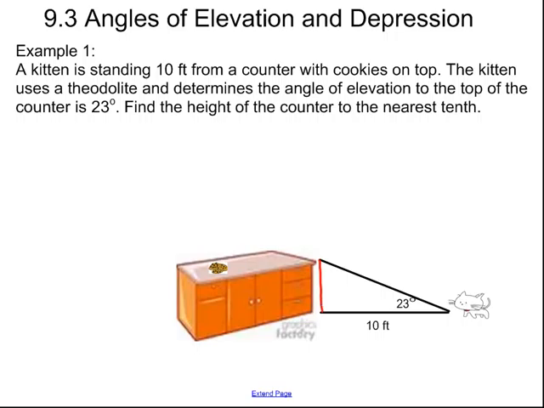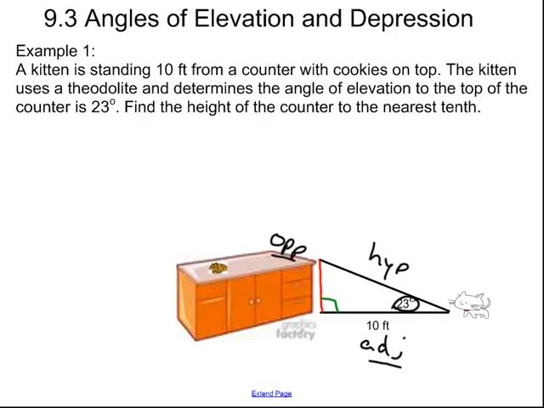How are we going to work this problem out? Well, look what we've got. We've got a right triangle, and I'm trying to find this red line. The red line compared to this 23-degree angle is the opposite. The 10 feet is the adjacent. And the thing that we're not interested in this time is the hypotenuse. Which trig function is going to use the opposite and the adjacent?